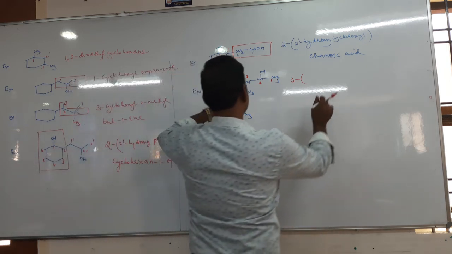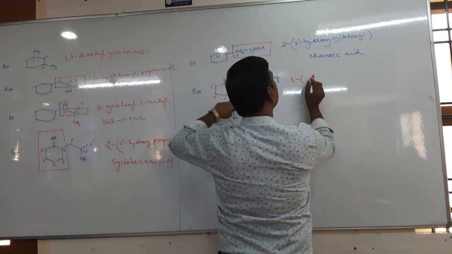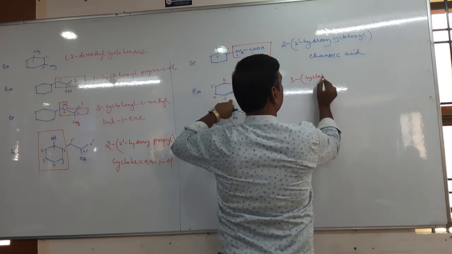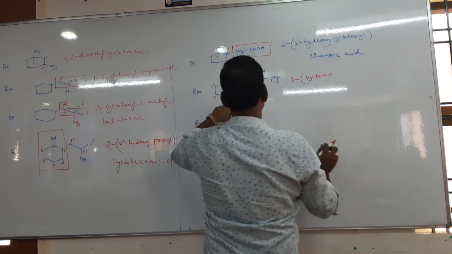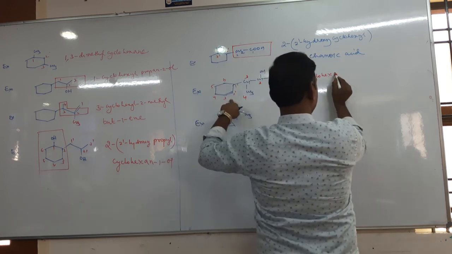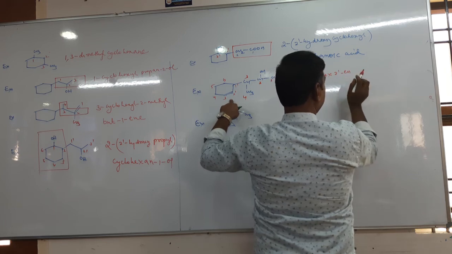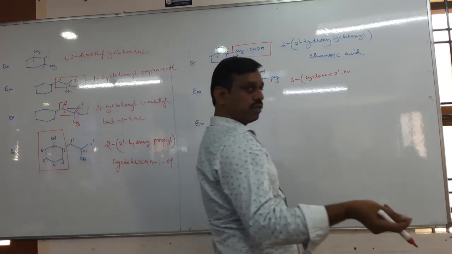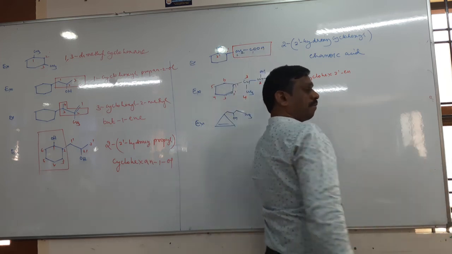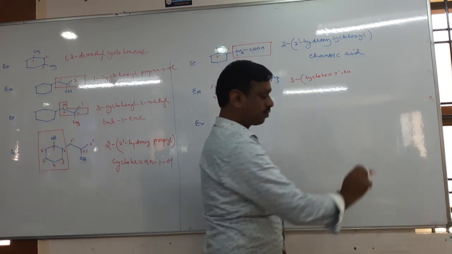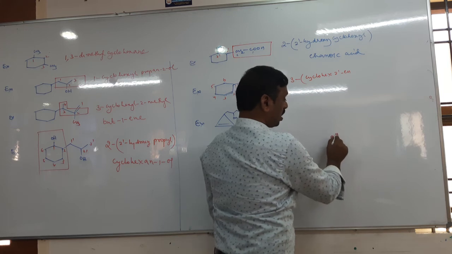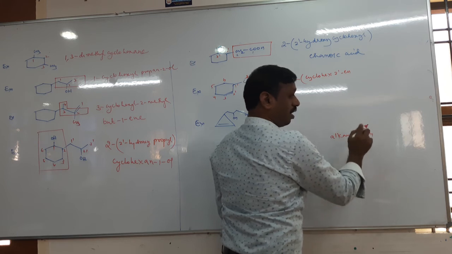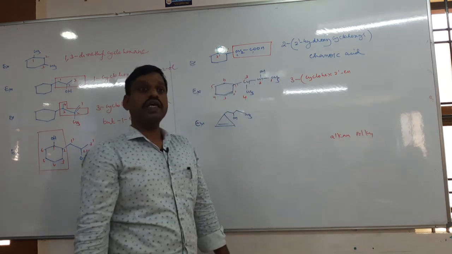Okay. It is a hex 2 prime enyl, like alkane, alkyl; alkene, alkenyl; alkyne, alkynyl.